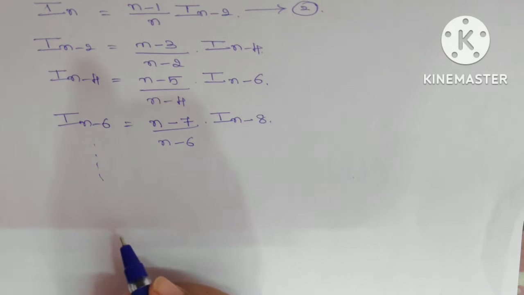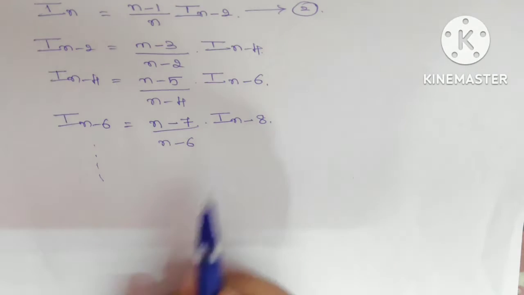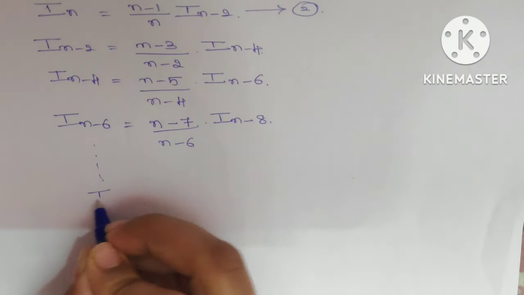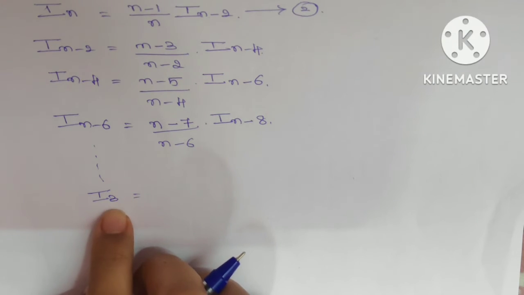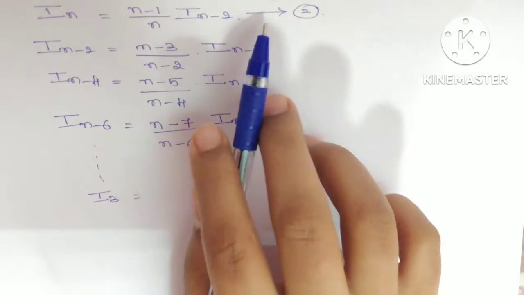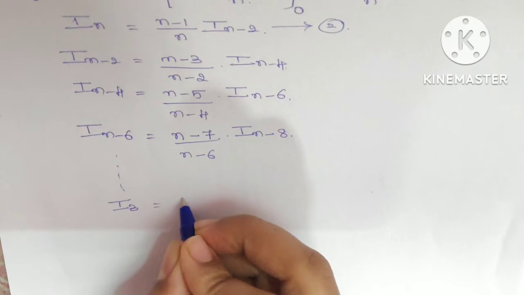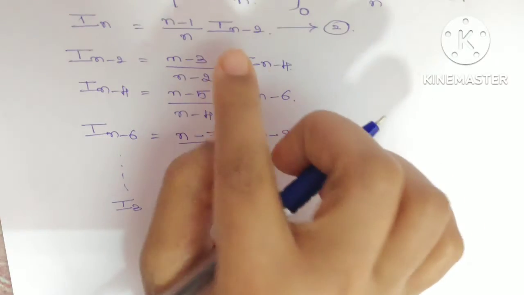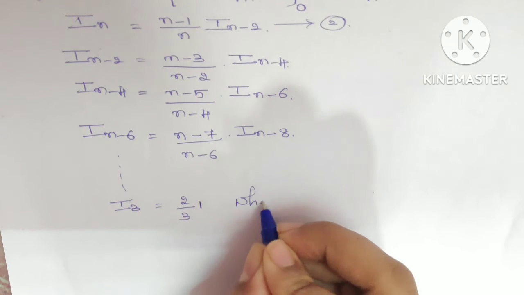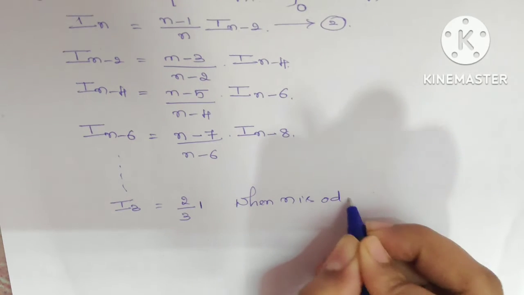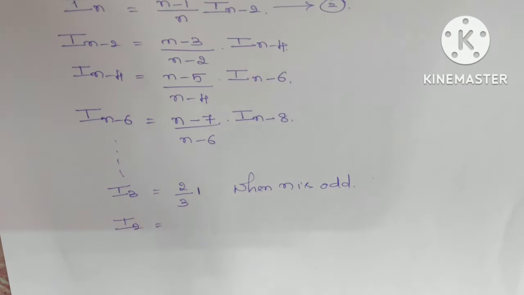in this way, at last we get two results, one is for odd number and another is for even number. So it ends at I3 when n is odd. So put n equals 3 in equation 2. We get I3 equals (3-1) is 2 by 3 into I_(3-2) is I1. This is when n is odd, and it ends at I2 when n is even number.